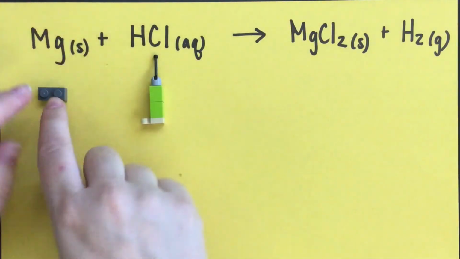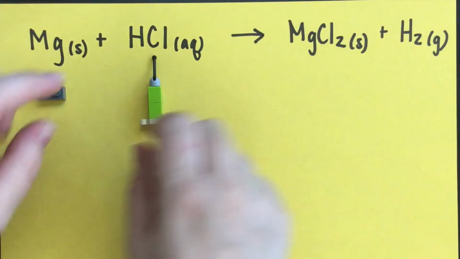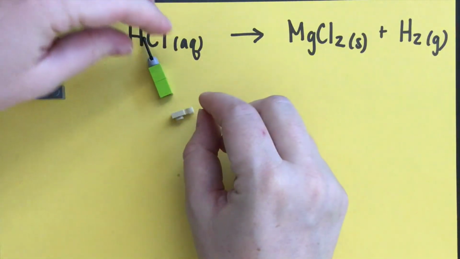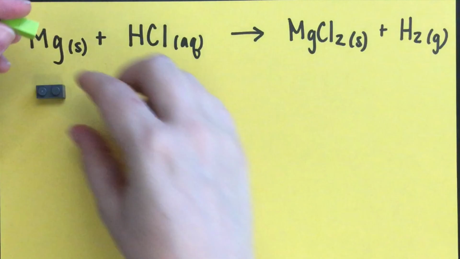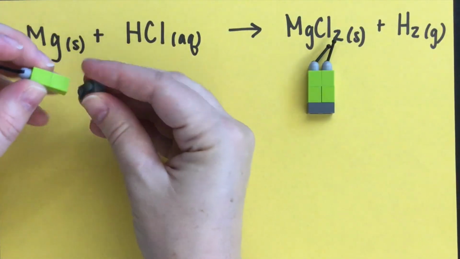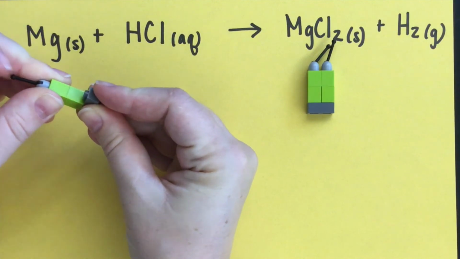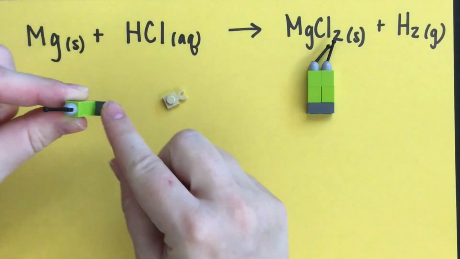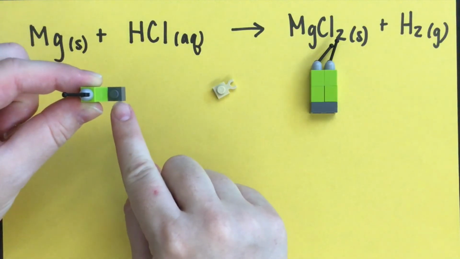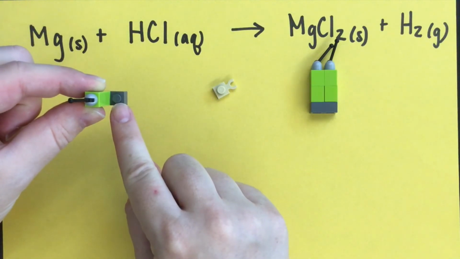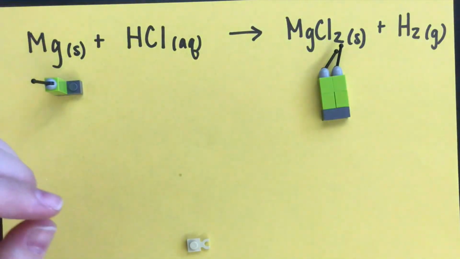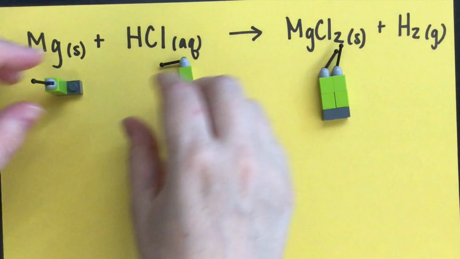As you can see here, the magnesium has 2 valence that must be filled. My hydrochloric acid splits apart, and my chlorine will attach to the magnesium. That's to make my magnesium chloride here. But if I just do it in a 1-to-1 ratio, you'll see that there is a valence spot open on my magnesium here, which means in order to properly do this reaction, I will have to use 1 more HCl.